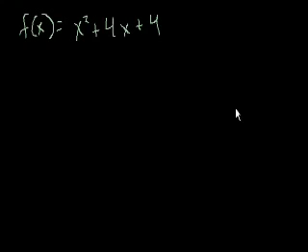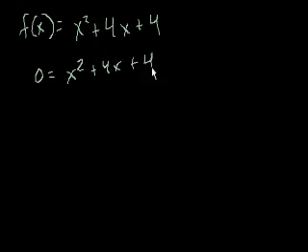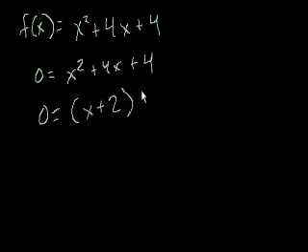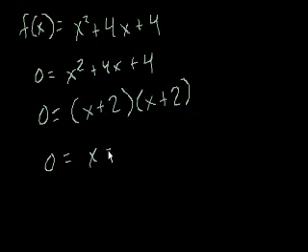If you think about the graph I had just drawn. So if f of x is equal to 0, then 0 is equal to x squared plus 4x plus 4. We could just factor that. That's x plus 2 times x plus 2, and we know that it's equal to 0 at x equals minus 2.